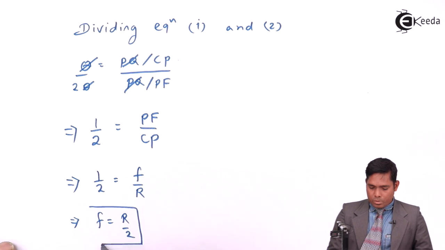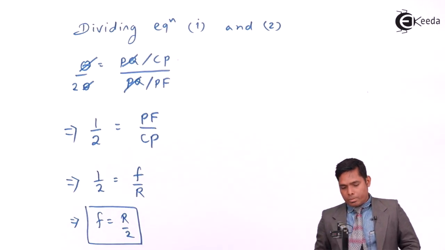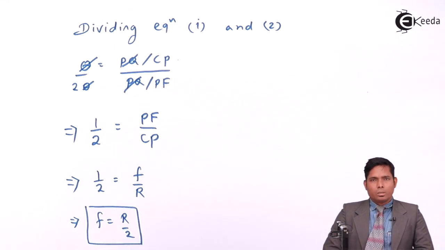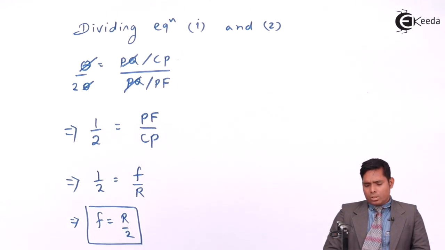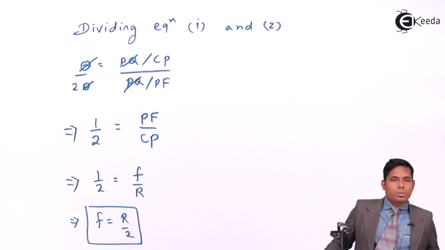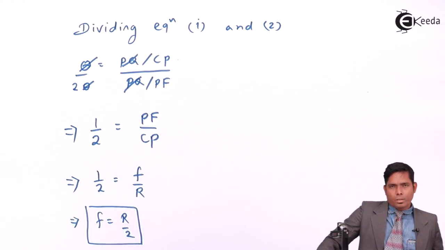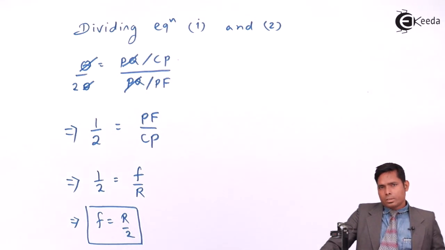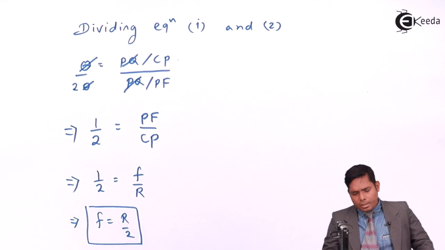This is what we are supposed to derive. This is the relationship between the focal length and the radius of curvature. So this focal length is half the radius of curvature. That is why we earlier took that to be double that of focal length, or the focal length is supposed to be half the radius of curvature. This is how they are related.